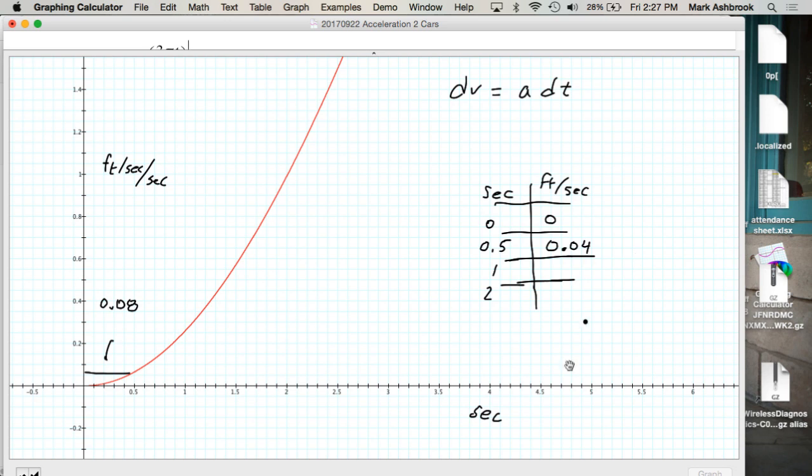Okay, and then did anyone else do something like this? Okay, and so what did you have for the second interval? The next interval I considered it to have about a constant rate of change of 0.25 feet per second. 0.25. That's up here, like this. Yeah, right there.